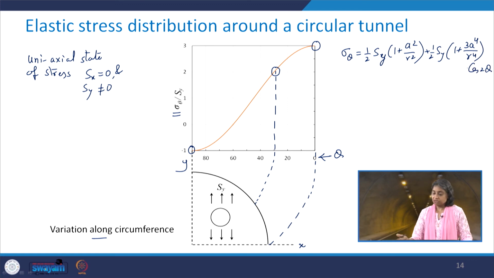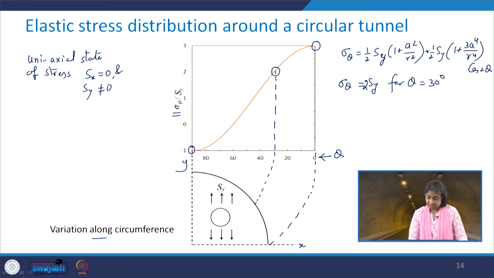Just substitute theta equal to 30 degrees and you will see that sigma theta works out to be equal to 2 times Sy for theta equal to 30 degrees.